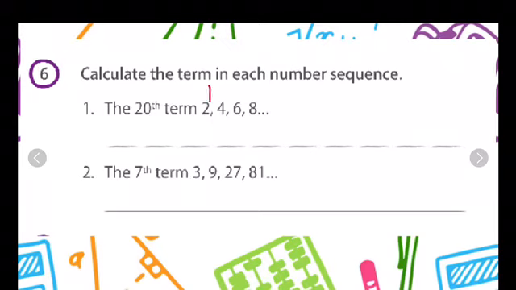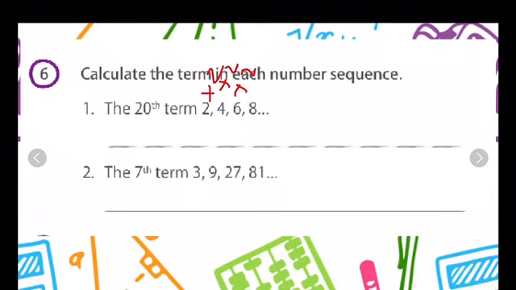If you observe right here, over here it will be plus 2: 2 plus 2, 4, 4 plus 2, 6, 6 plus 2, 8.